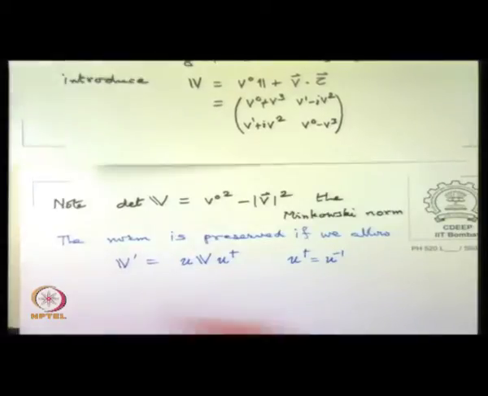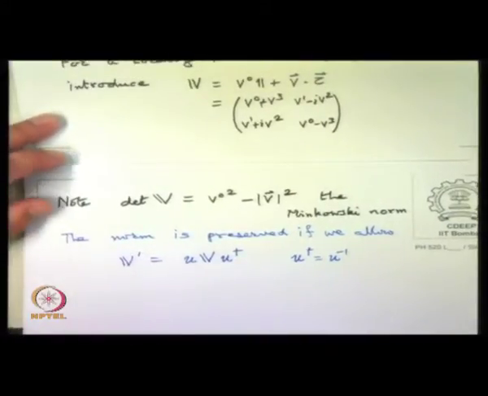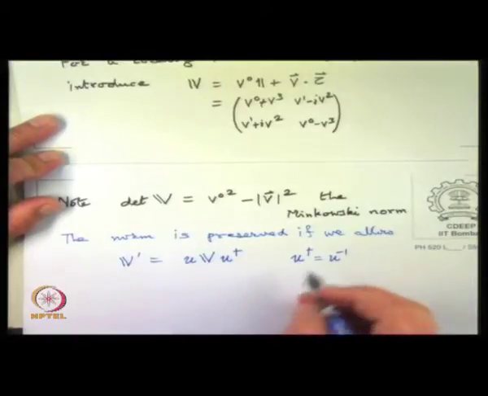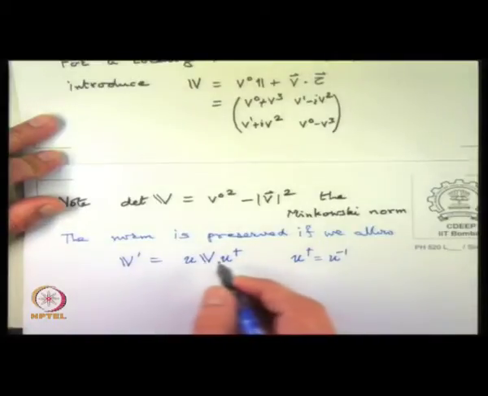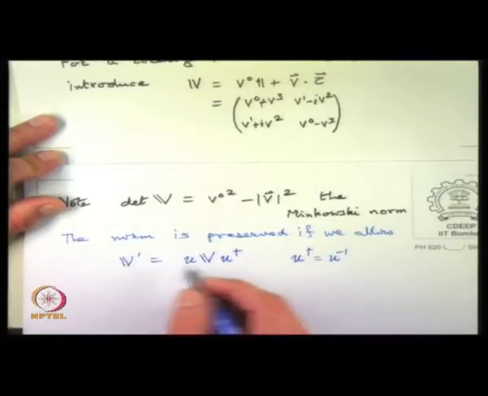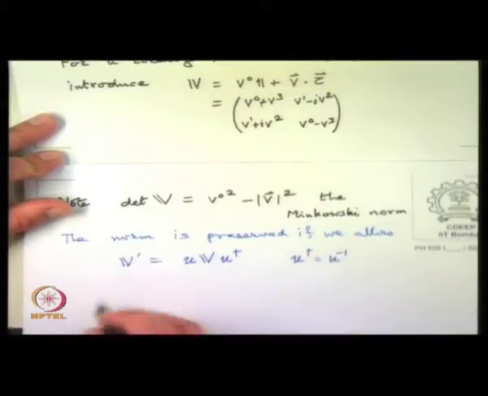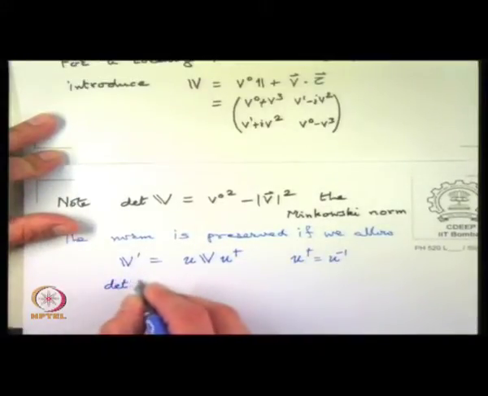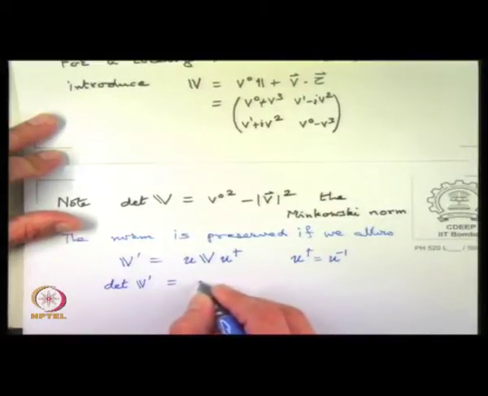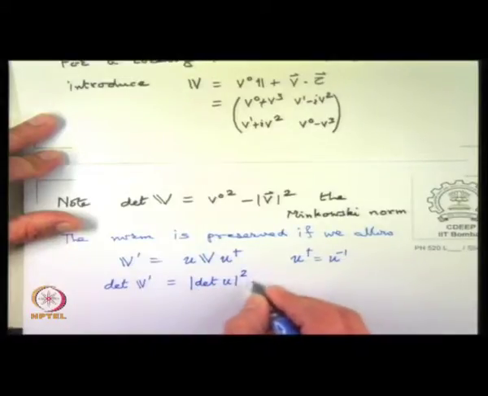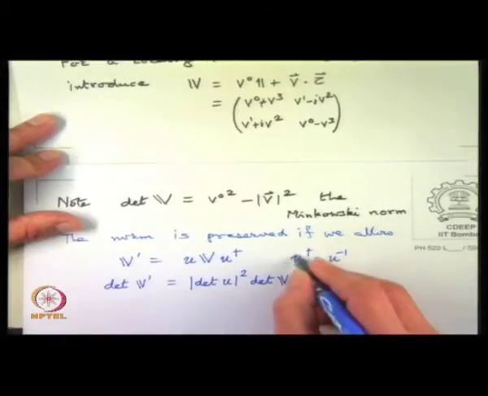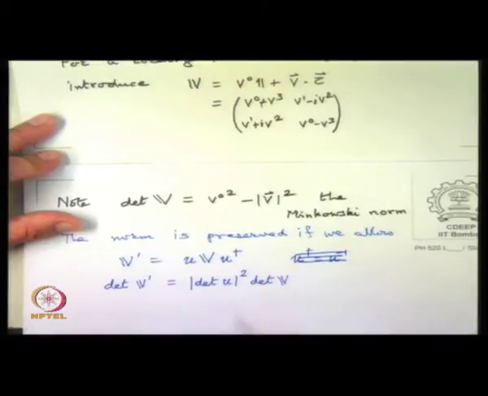Or another way of looking at it is, if it is not unitary, then you would have found that it would become det u squared. You can drop this for the time being, we will actually derive it.